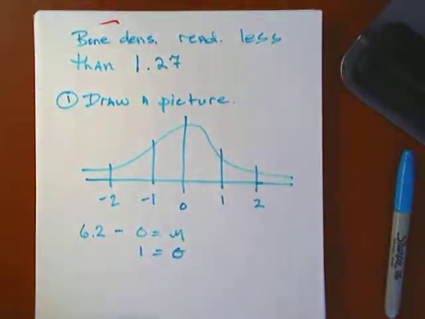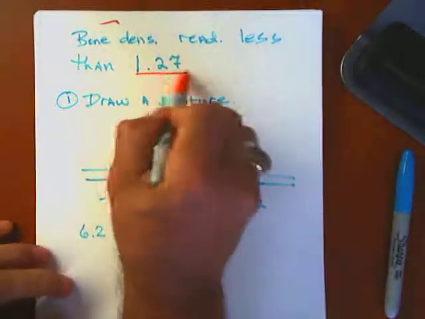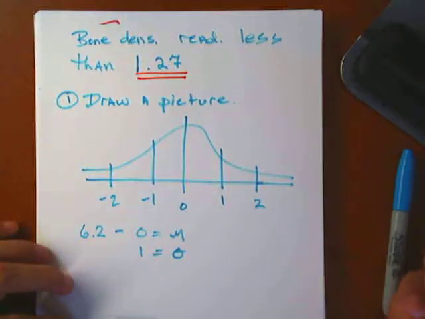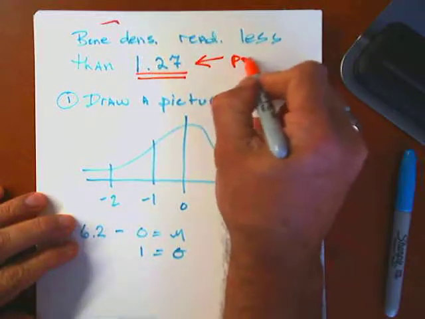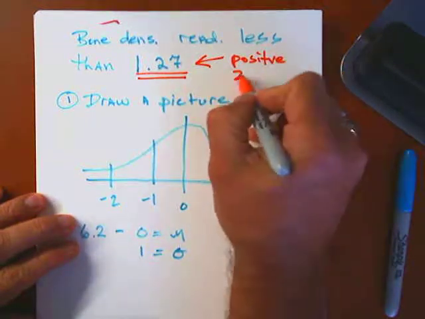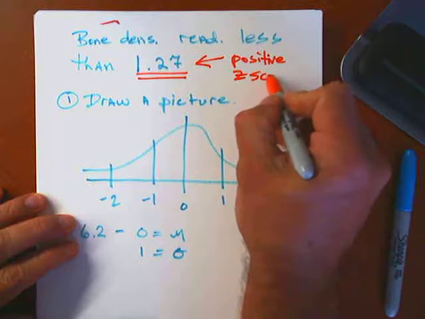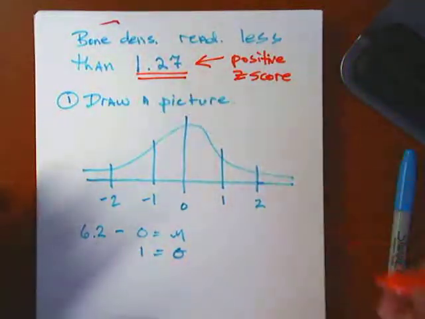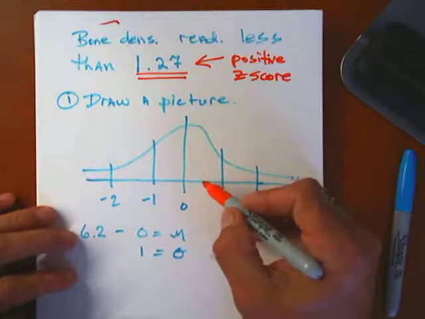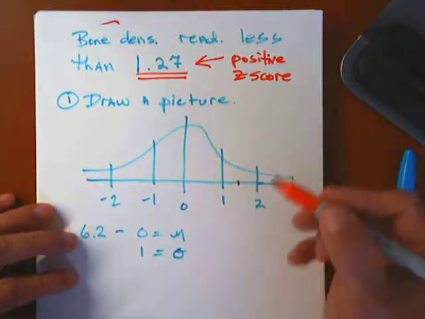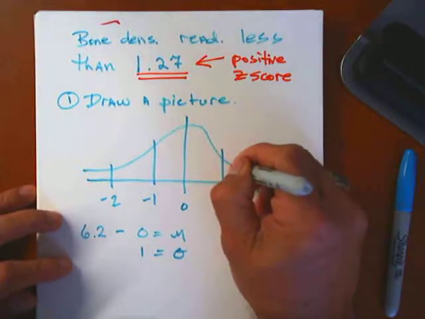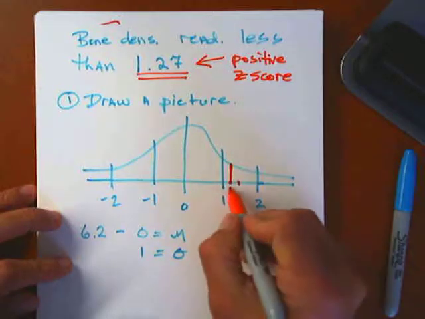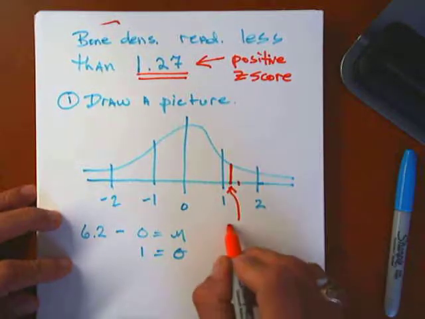Now, we'll take another color, orange, and we're going to mark our spot that we're being asked about. 1.27. Now that is a positive z-score. Naturally it's going to be on the right side. So you plot it just like you would on a number line. 1.27, well this is 1.5. 1.25 would be half of that, so we'll just put it right here.